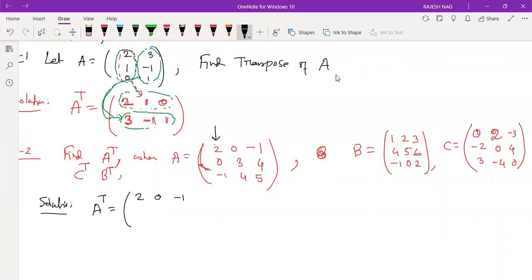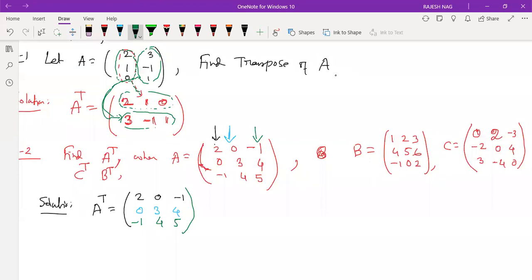The column is made a row, transpose flips it. Then the second column is made a row: 0 3 4. The last, third column is made a row: minus 1 4 and 5. Okay, so this is the AT.